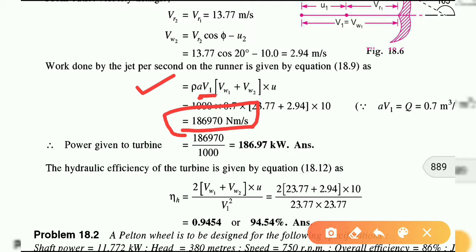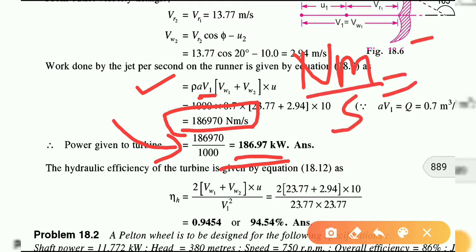And if we divide this by 1000, then we will get the value in kilowatt. As we know, Newton meter per second is equal to joule per second, because Newton meter is joule.